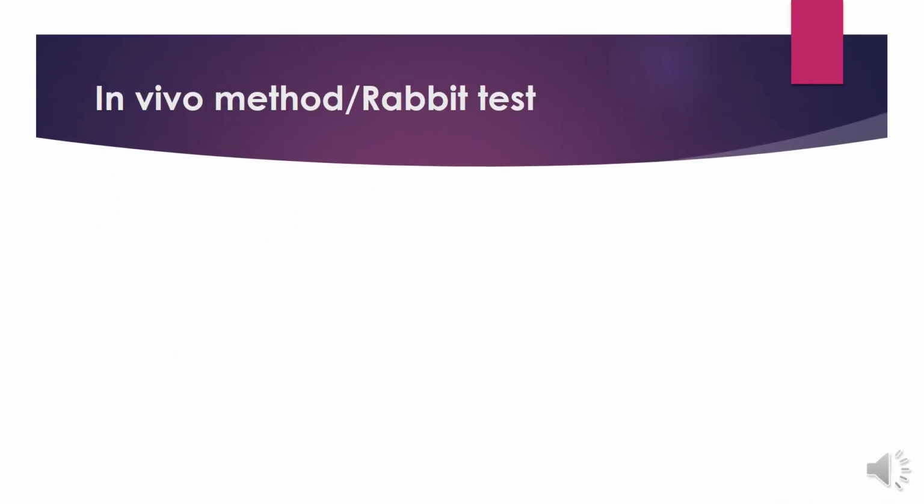So in the in vivo method, the method that involves a living organism, the living organism we apply for this pyrogen test is a rabbit. That's why it's also called the rabbit test.